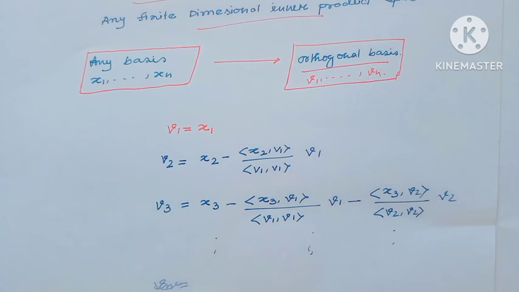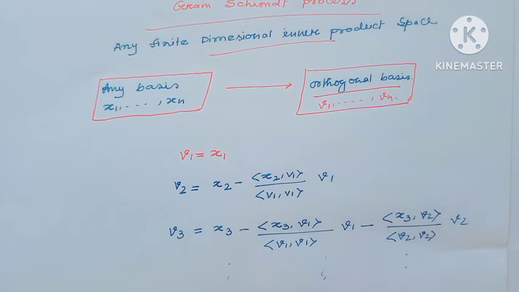That means in a finite dimensional inner product space, any basis transforms to an orthogonal basis by the Gram-Schmidt method.